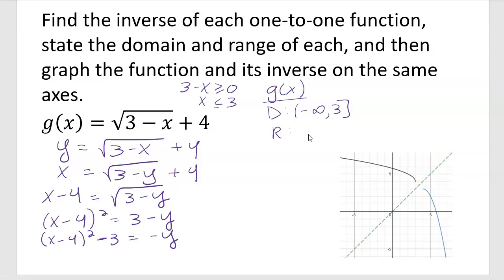So be very careful here. You want to think about dividing all the way through by a negative on the left and the right. So I'm going to have negative x minus 4 squared plus 3 equals y.